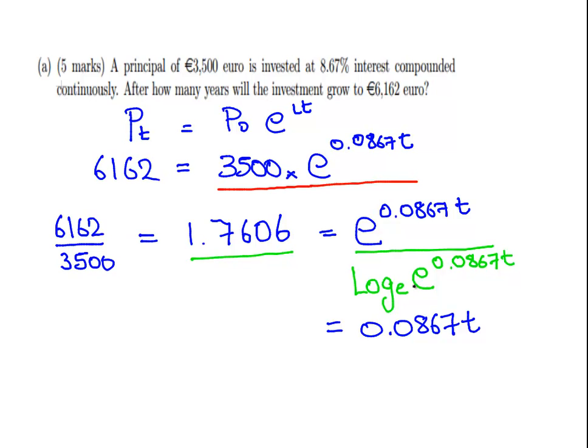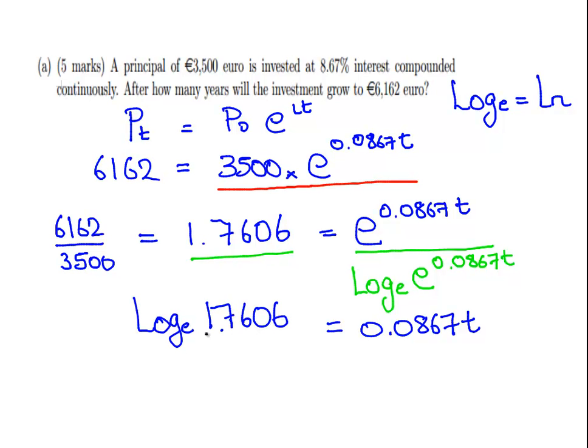It's the definition of the logarithm of an exponential number to the power of e. Just as a remark, log to the base e is also known as the natural log, so sometimes it gets written as ln. Natural log of 1.7606 is a bit of calculator work, and a bit of practice with the calculator would definitely help there.